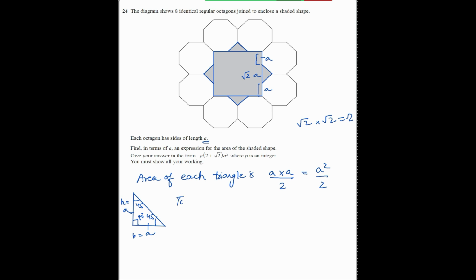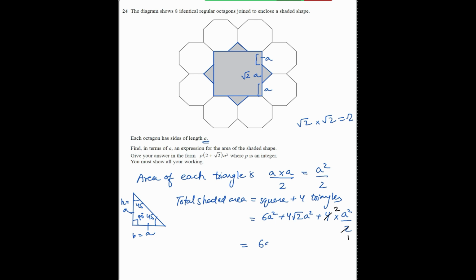Total shaded area equals the square plus 4 triangles. We have calculated the square area, which is 6a squared plus 4 square root 2 a squared, and the 4 triangles' area would be 4 times a squared over 2, which means 2a squared.